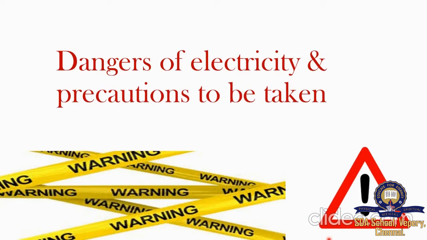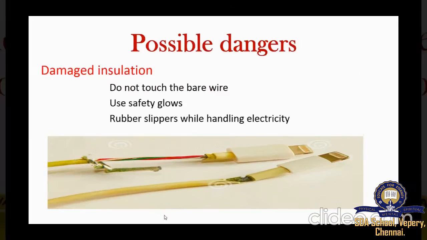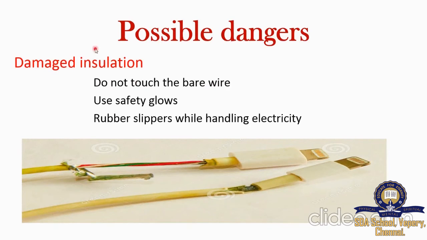This topic is very useful and very informative as well. So listen to this topic carefully, children. The following are the possible dangers as far as electric current is concerned. Let's see them one by one. These are possible dangers we come across in our day-to-day life. First would be damaged insulation.